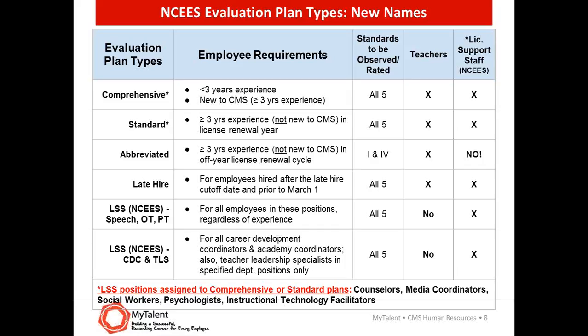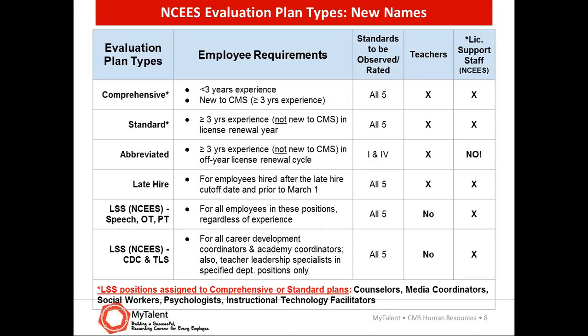And then the abbreviated plan is what was formerly the career abbreviated plan, and that's for any employee with 3 or more years of experience who is not new to CMS and is in their off-year license renewal cycle. It's important to note that there is no abbreviated plan for licensed support staff.